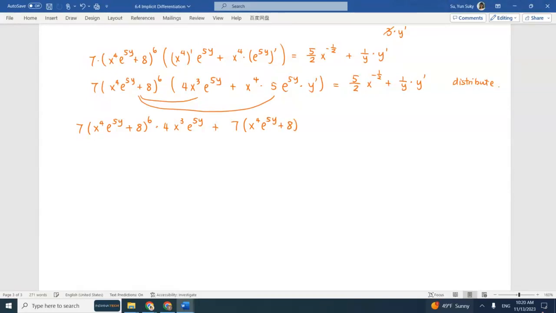Wow, this problem you're going to be very patient. Do it slowly because there are so many terms here. So be patient. Okay, this is the left hand side. The right hand side, don't touch it. Just copy it.